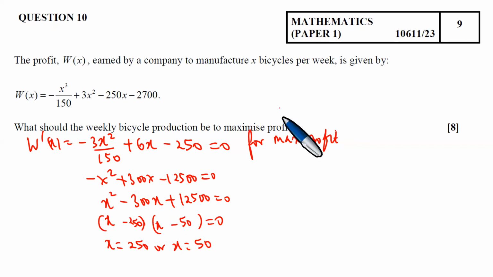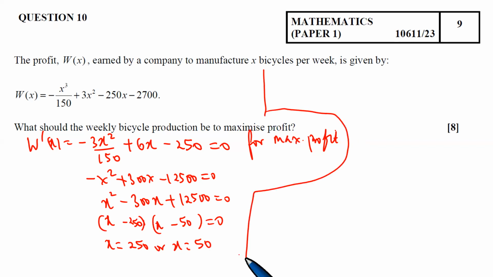Right, so let's analyze this together. You would need the W prime, which is minus 3x squared divided by 150 plus 6x minus 250.